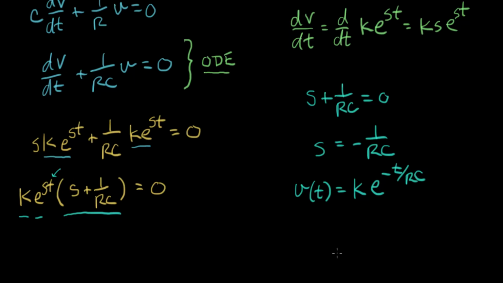Now, something really interesting just happened here. Look up here where we have this RC term. This whole exponent has to have no units by the time we evaluate it. That means that RC has to have units of time.